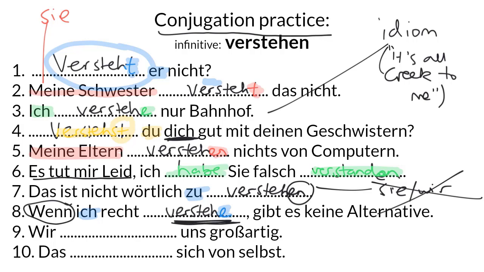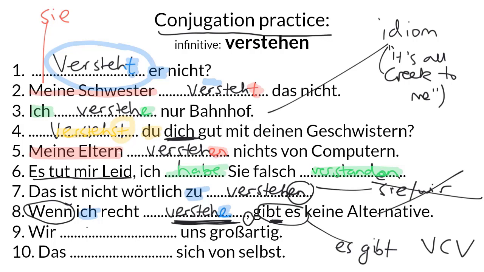And the end of the clause is sort of symbolized here by the comma. And then we have another conjugated verb at the start of the next clause. That's the verb, comma, verb rule. Notice this gibt es is switched around from what you'd normally see and expect to see. Es gibt, there is, there are.